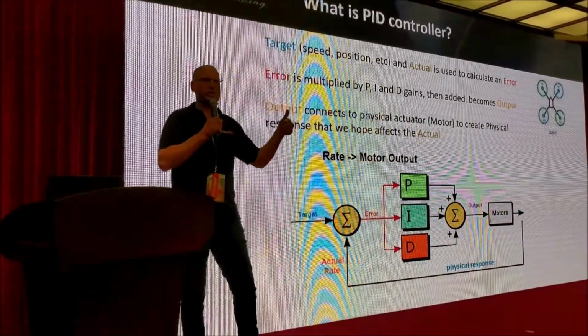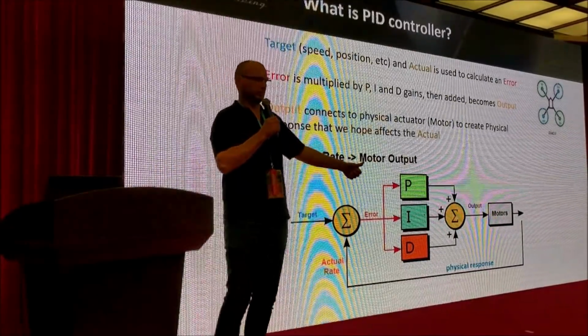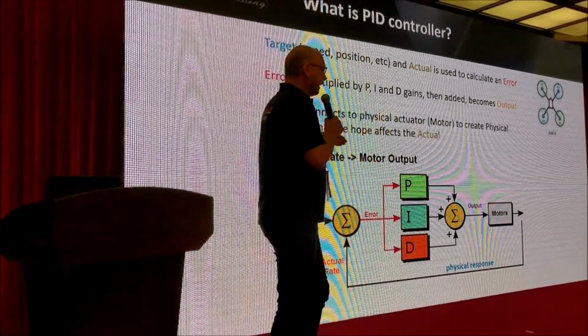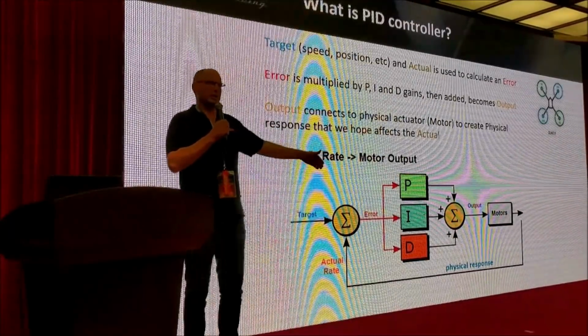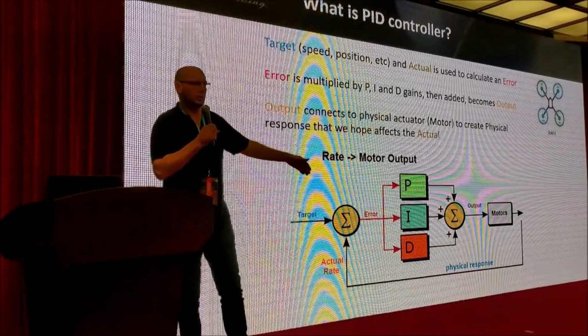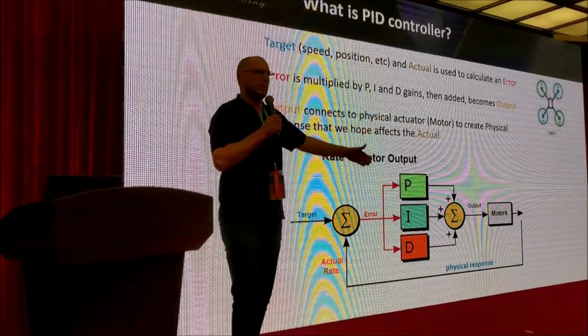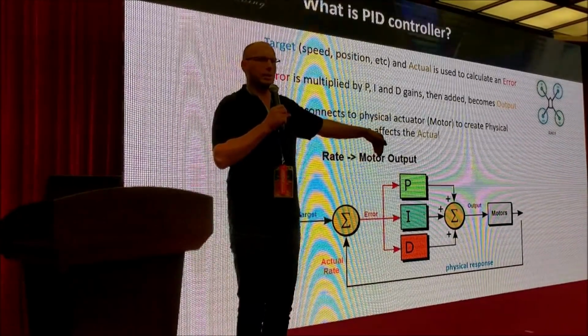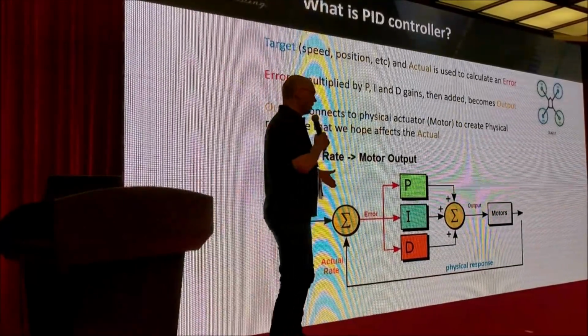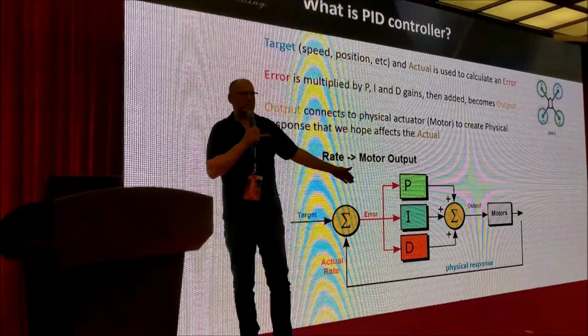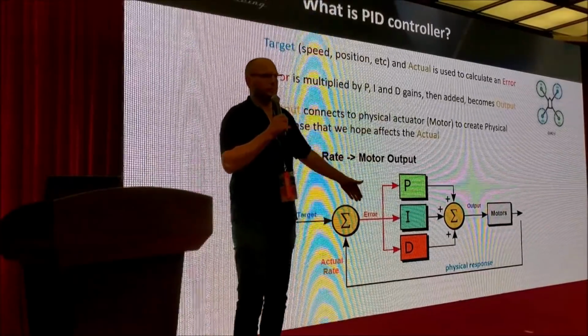The P term is the proportional term. That means that the correction, the strength of the correction, is proportional or based on the size of that error alone. The second term is the I term, the integral term.